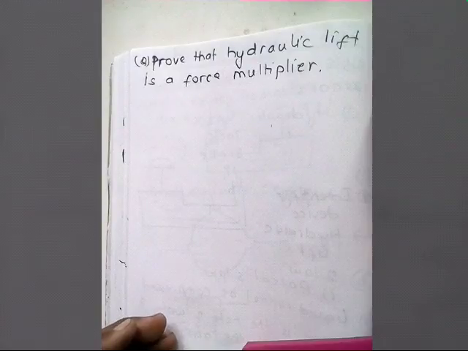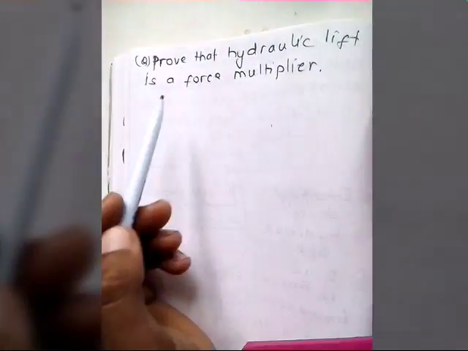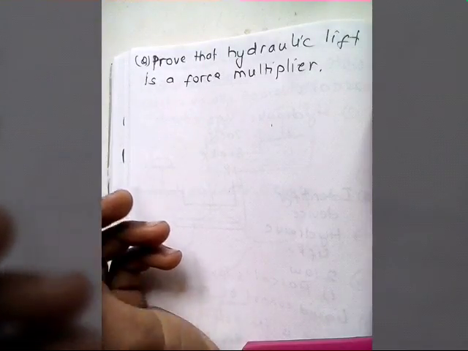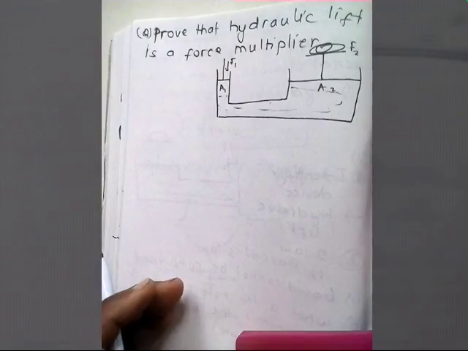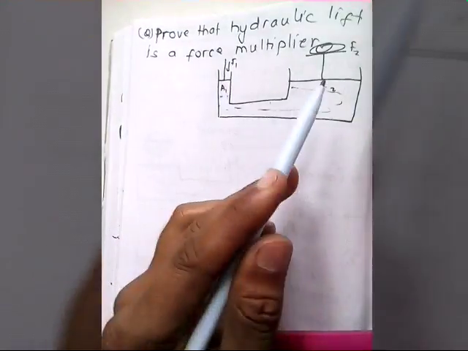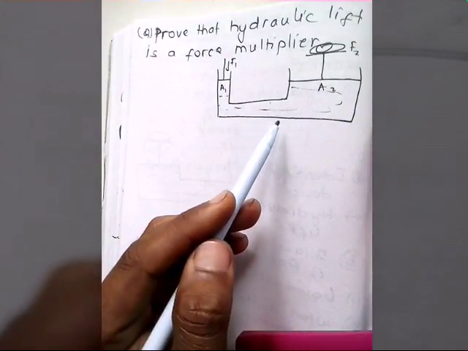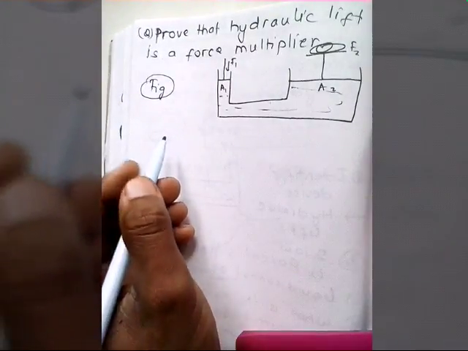So the next question asked in exams is: prove that a hydraulic lift is a force multiplier. It's quite easy, so let's do it. In questions where you are asked to prove or derive something in physics, you must consider three things. First, you have to make a figure, so don't forget the figure.